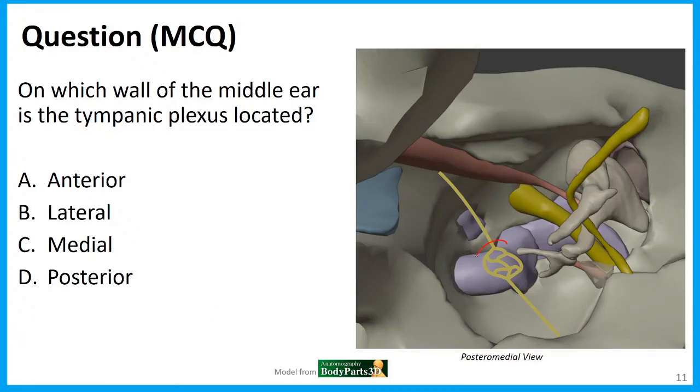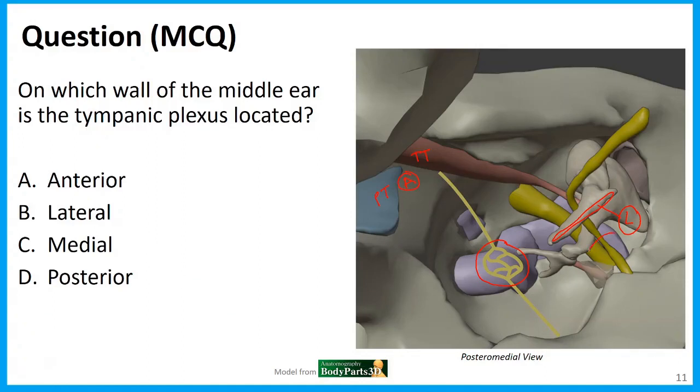It is this well-represented line drawing on PowerPoint of mine, shown here on the promontory. Okay, we'll see that this portion right here is the manubrium of the malleus. So remember that that is lateral wall. Here, with tensor tympani and pharyngotympanic tube, is anterior wall.